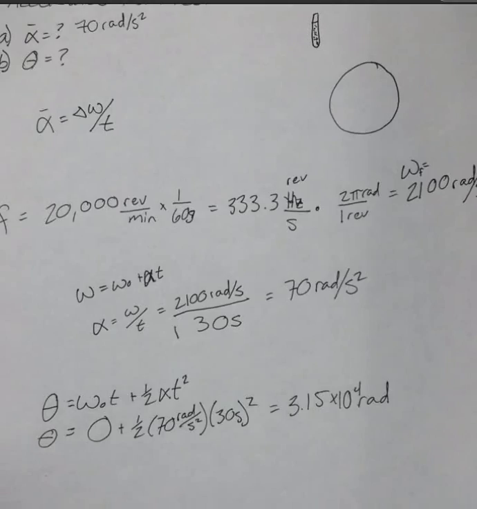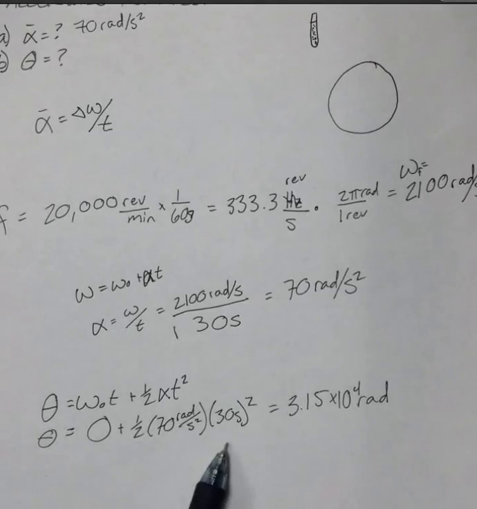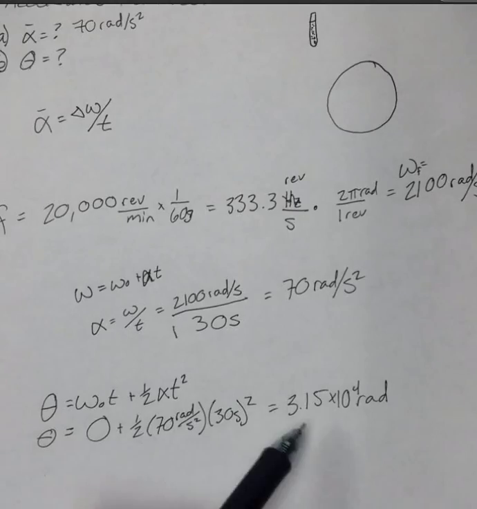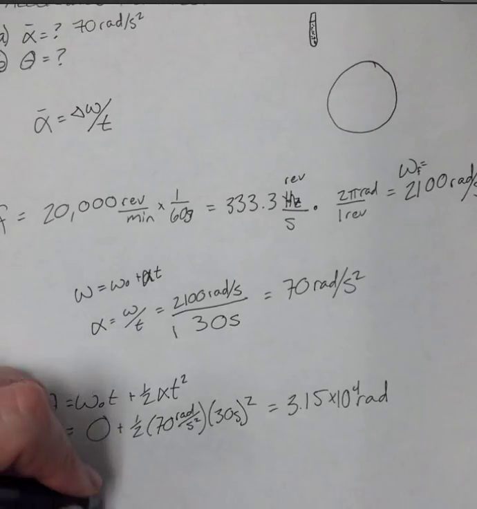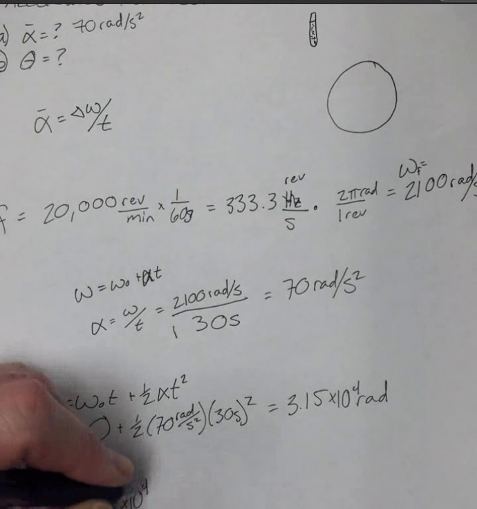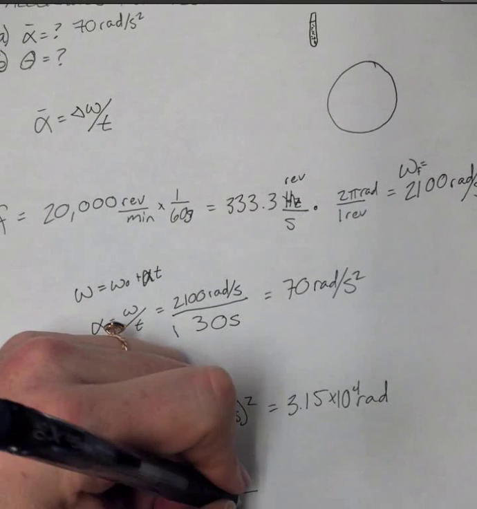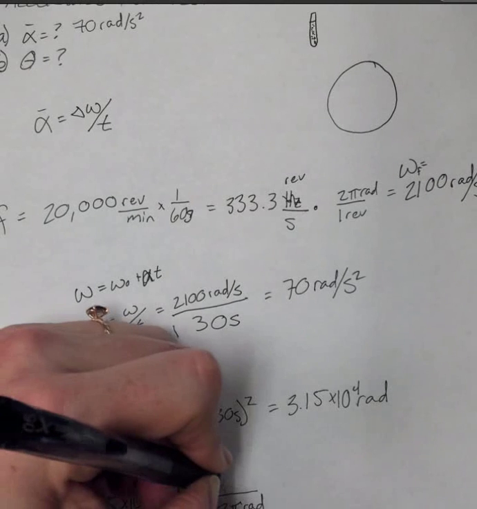So the displacement is 3.15 times 10 to the 4th radians, that's how many radians it's traveled in the 30 seconds that it was able to accelerate. What we want to do now is determine how many revolutions, and we're going to use the relationship between radians and revolutions. 3.15 times 10 to the 4th radians, and it's 2 pi radians for every 1 revolution.